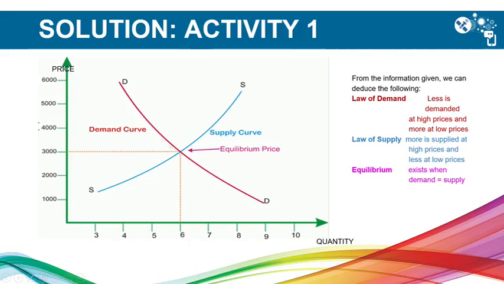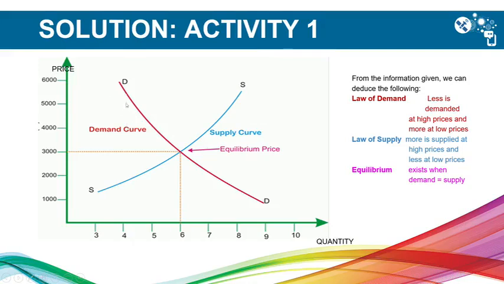Remember, the law of demand says less is demanded at high prices and more at low prices. With supply, the opposite happens. There is more being supplied at high prices and less being supplied at low prices. So we can see that the law of demand and law of supply are opposite to one another.